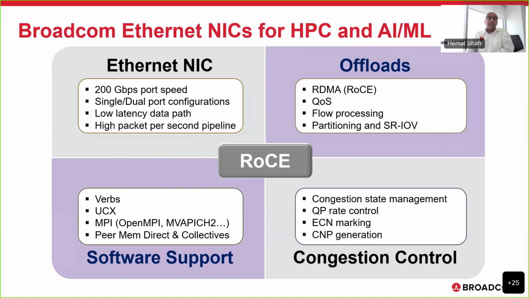Also, for virtualized environments, we have seen that you want to track things on a per flow basis, whether it's just statistics, or you want to apply encap and decap kind of functions in the hardware. Those are some of the flow processing offloads that can be combined with RDMA.